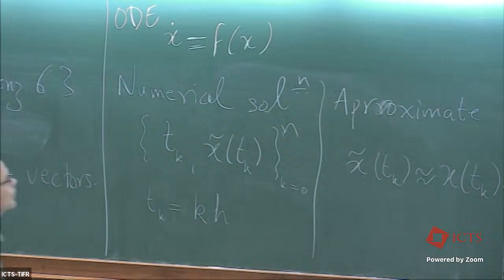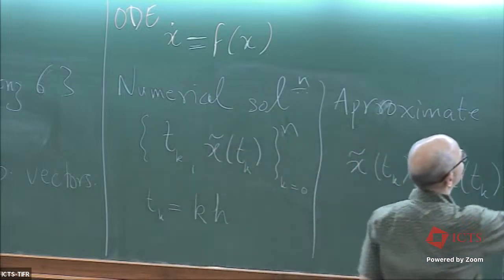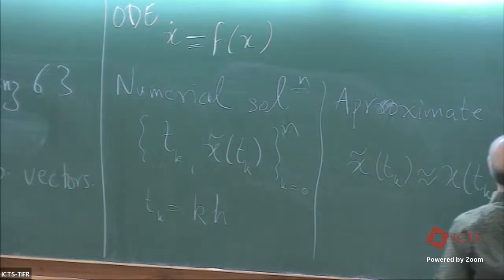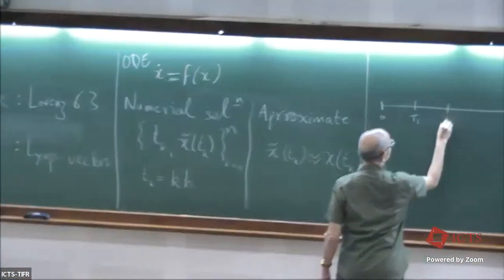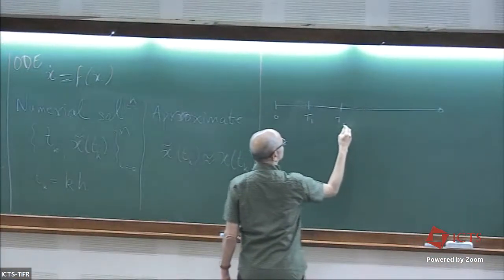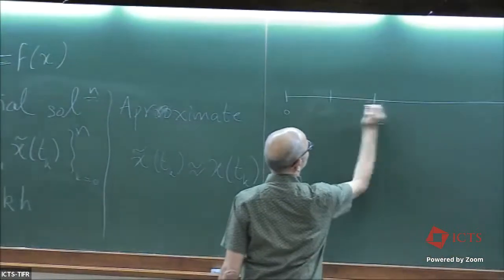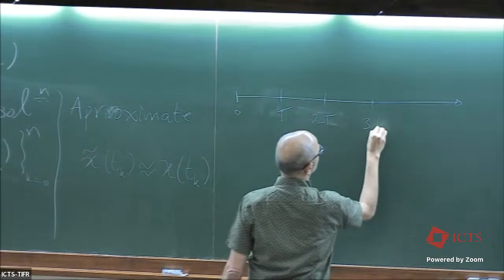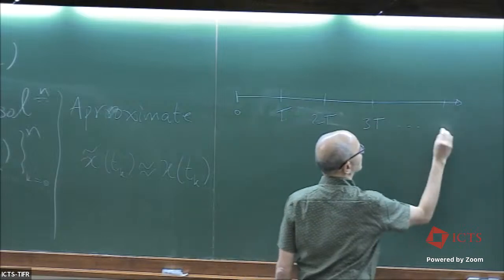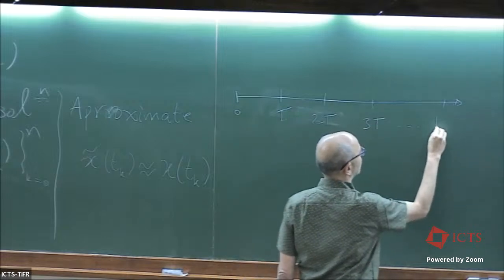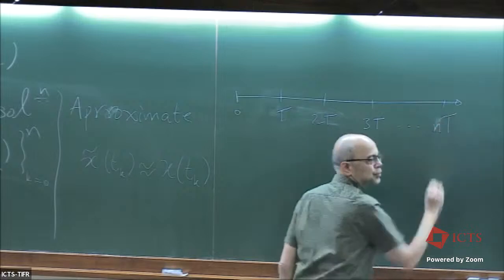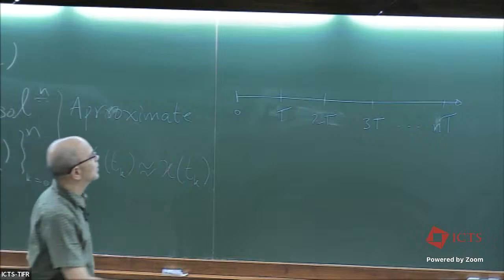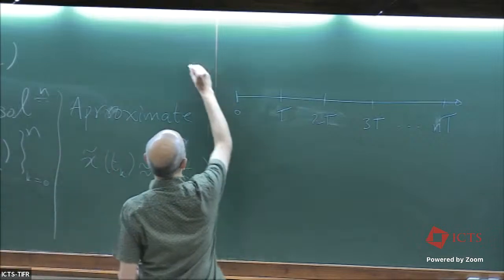So if I take a certain time grid, start at time 0, then t, 2t, 3t, some k, n, t, and so on, and try to compare the true solution.